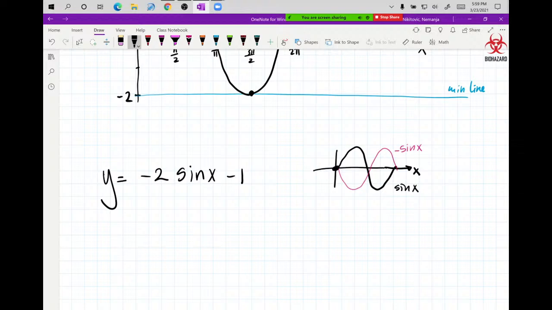So when you put the negative in there, we know that from 1.6, that's negative f of x, right? And negative f of x means the reflection is on the x-axis.